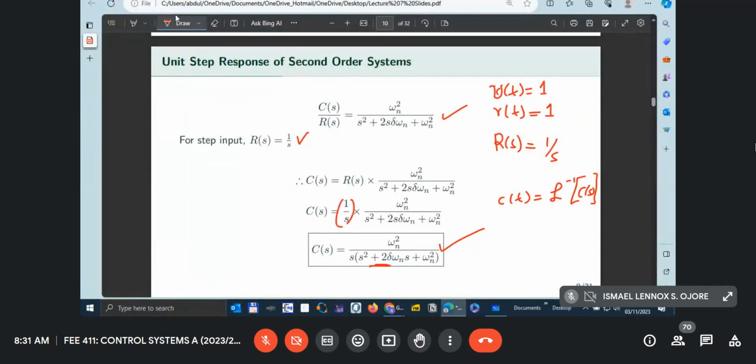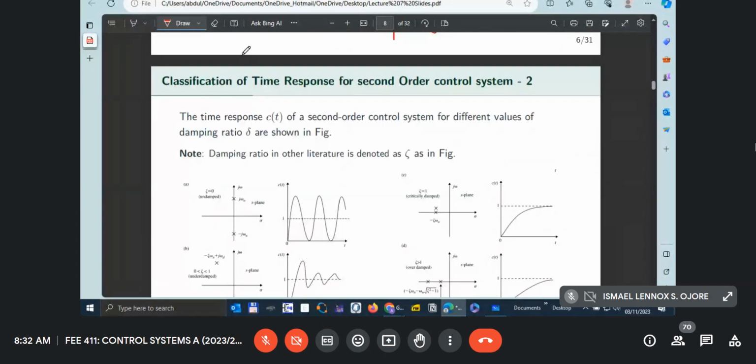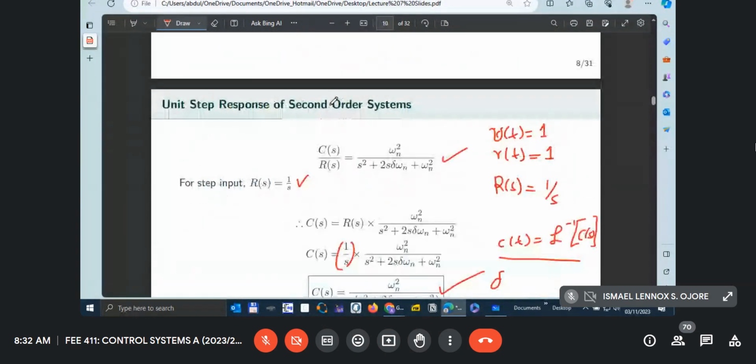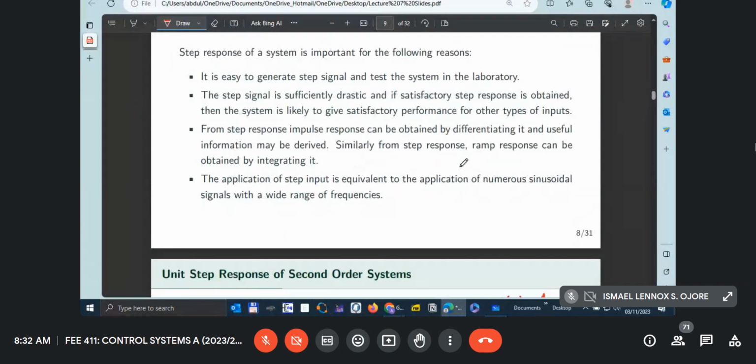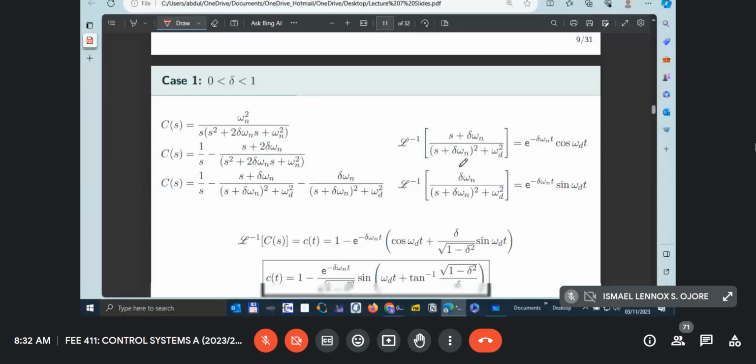We need to simplify this, and then take the inverse Laplace of that simplification. And this will depend on different values of the damping ratio. So we look at different cases, like when delta is equal to 0, what is the response? This will be similar to what we have seen here, but now we are trying to get the equations which correspond to these curves. That is what we call the time response, right?